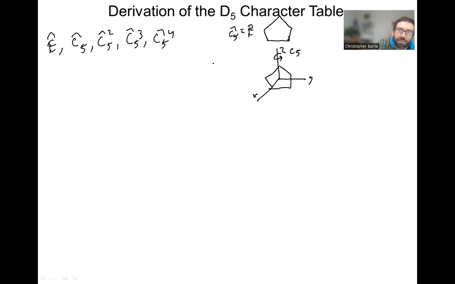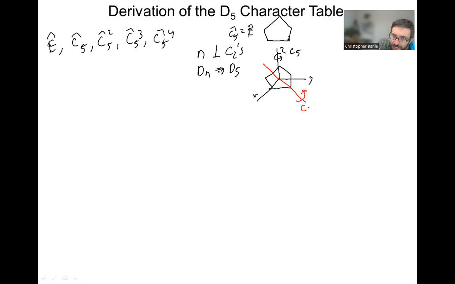So we're going to have perpendicular C2s, and we're going to have 5 perpendicular C2s. Why? We always have n perpendicular C2s in a Dn point group. Here we're D5, so we have 5 perpendicular C2s, and I'm going to draw one of them. It's going to bisect the pentagon, and we can bisect in 5 different ways through the 5 different vertices of the pentagon.